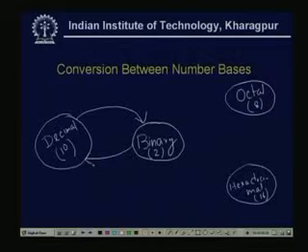If a binary number is given, then its decimal is also possible. Similarly, binary to octal and octal to binary are possible, binary to hexadecimal and hexadecimal to binary are possible, and conversion between decimal to octal or decimal to hexadecimal is also possible.